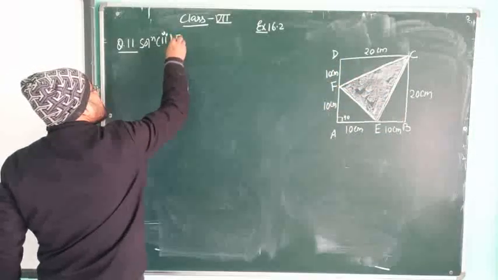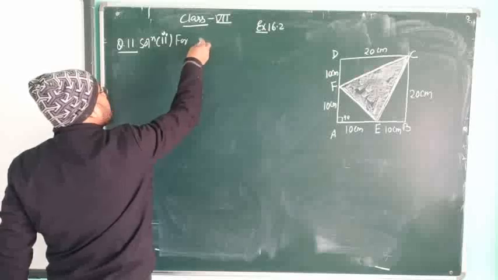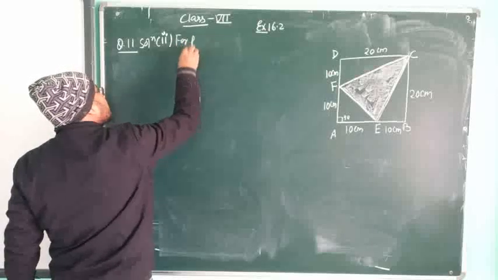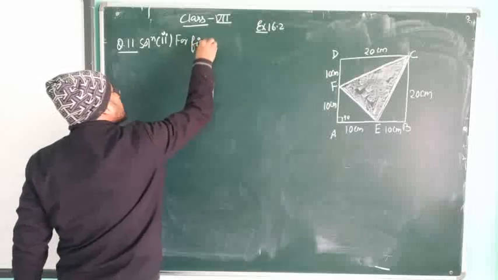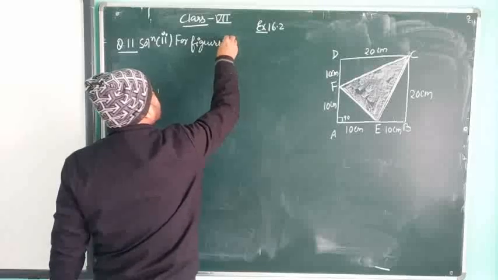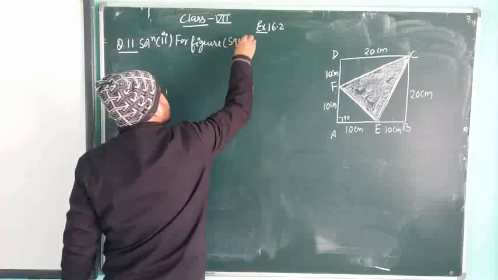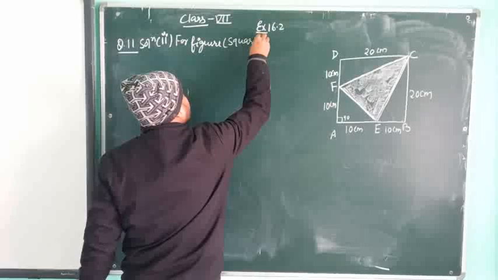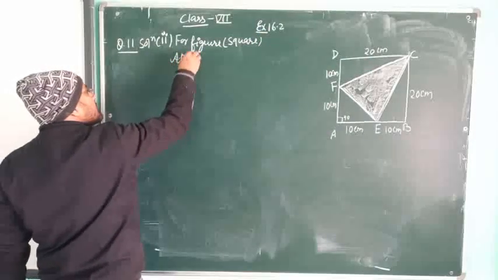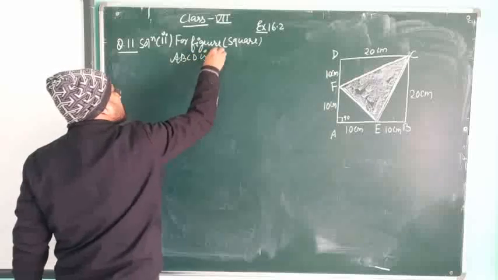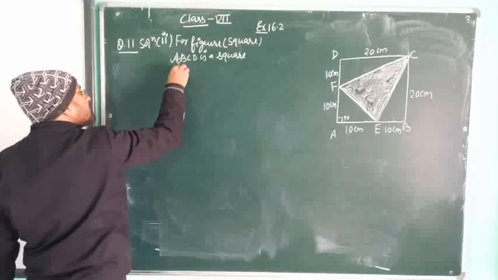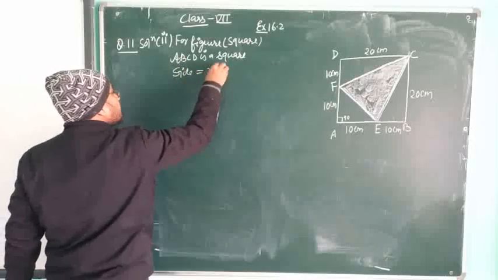For the figure, square ABCD is a square, side is equal to 20 centimeter.